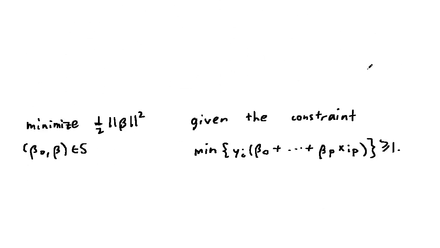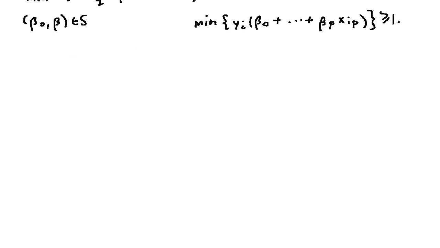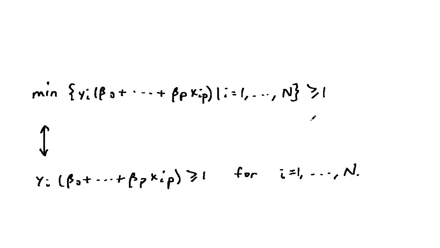We can therefore focus on solving the optimization problem: minimize 1/2 the norm of beta squared, given the constraint where the minimum is greater than or equal to 1. The constraint that the minimum of this is greater than or equal to 1 is equivalent to the constraint that y sub i times beta 0 plus dot dot dot plus beta p x sub i p is greater than or equal to 1 for i ranging from 1 to n.